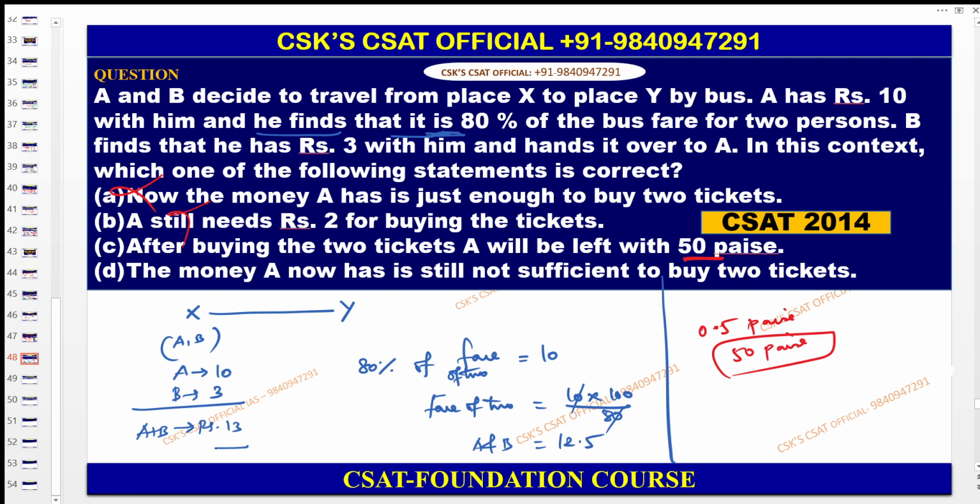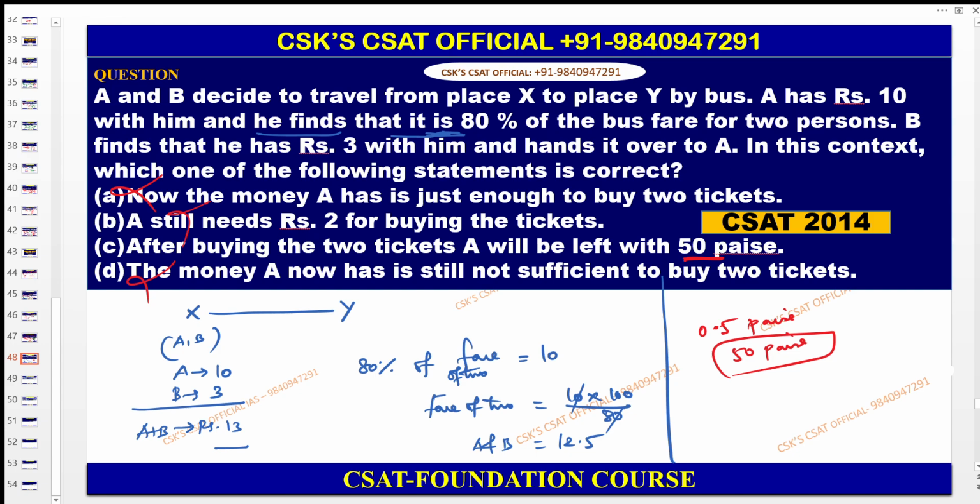The money A now has is still not sufficient, it is sufficient to buy 2 tickets. Now tell me which one is correct. C, yeah. Yes, sir. Okay, fine.